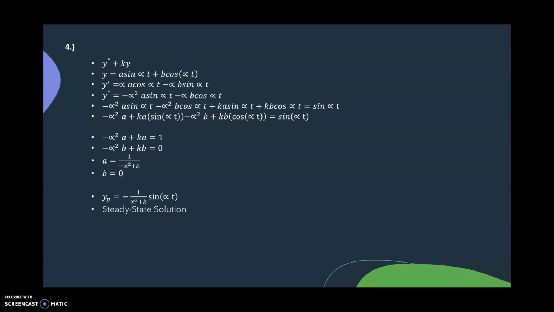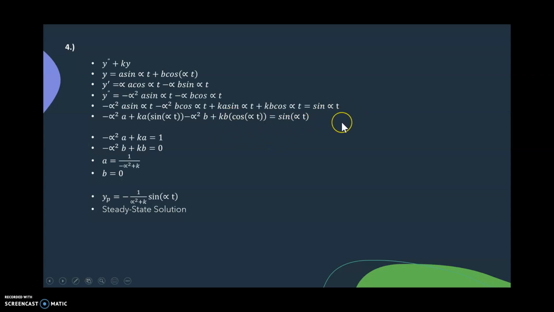When we plug this back into the equation, we're left with negative alpha squared times a times sine alpha t minus alpha squared times b times cosine alpha t plus k times a times sine alpha t plus k times b times cosine alpha t, and we know that f of t equals sine of alpha t.